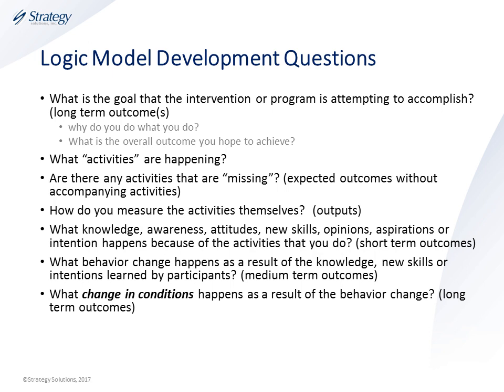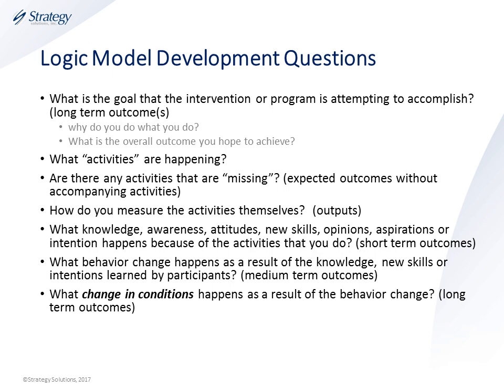How do you measure the activities themselves? Those are the outputs. And then what knowledge, attitudes, or new skills, aspirations happen because of the activities that you do? And what I found is that as I interview clinicians, most clinicians can tell me what people are doing and what happens with each individual person that they know that participates in the program. The problem is that they're actually not tracking those things.